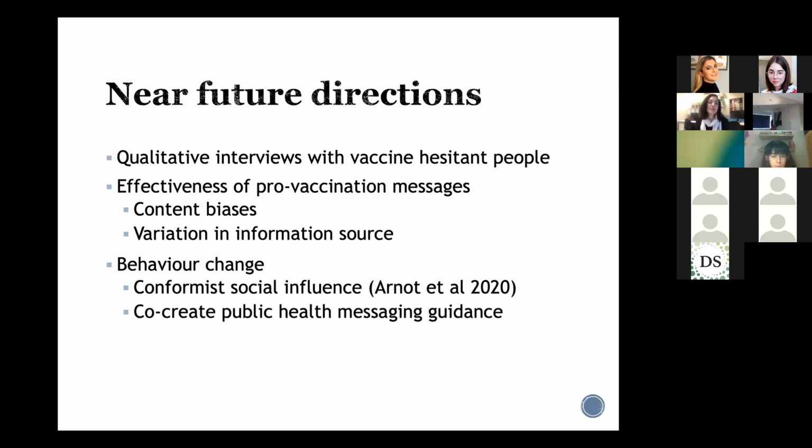And then, also inspired by cultural evolutionary theory, what kind of public health messaging may be more successful compared to others, and how we can co-create public health messaging by collaborating with study participants as well.